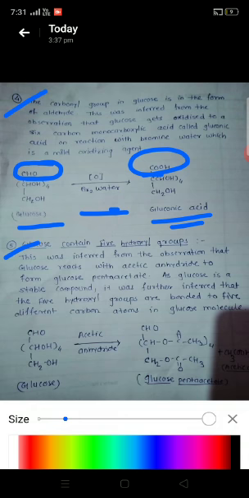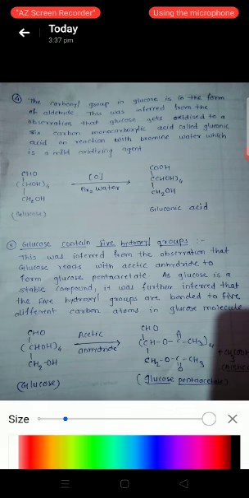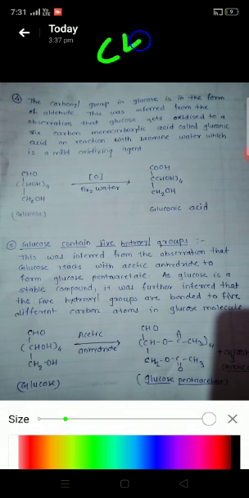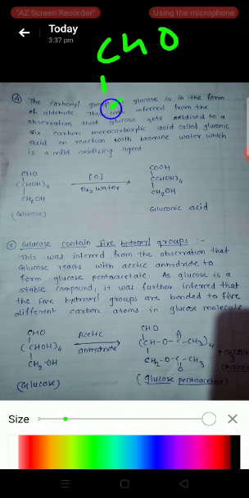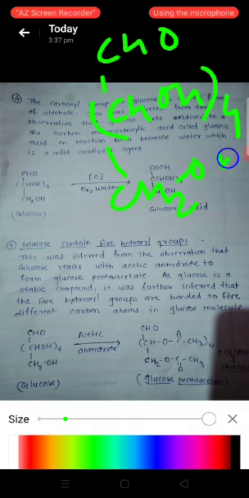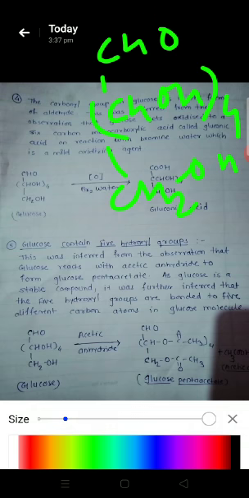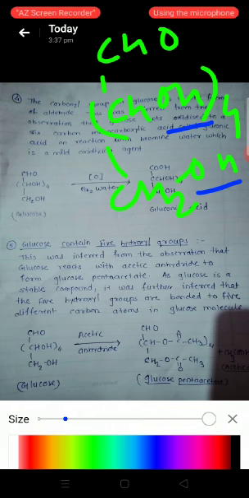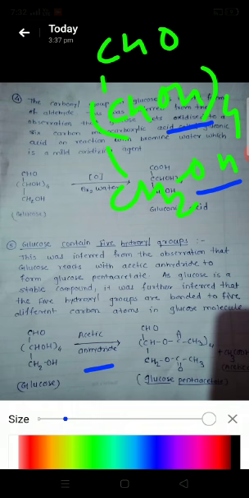Next, the fifth point: glucose contains five hydroxyl groups. See the structure of glucose. Here CHO. Next, CHOH four times. Here are four OH groups and one OH group in the primary alcohol. Here these four and this one, total five hydroxyl groups are present, and these groups are confirmed by the reaction with acetic anhydride.